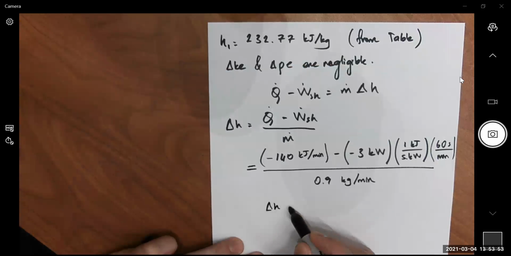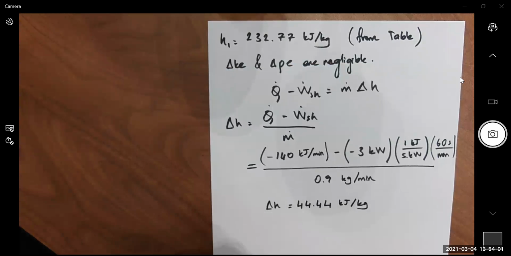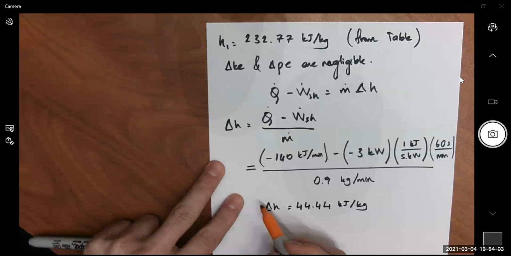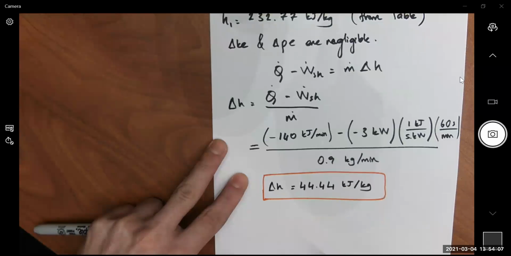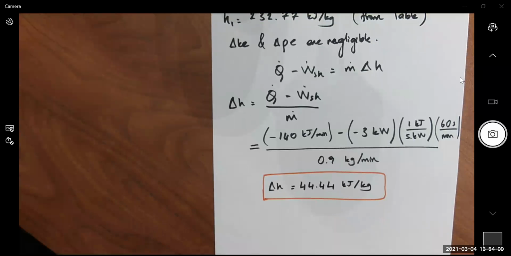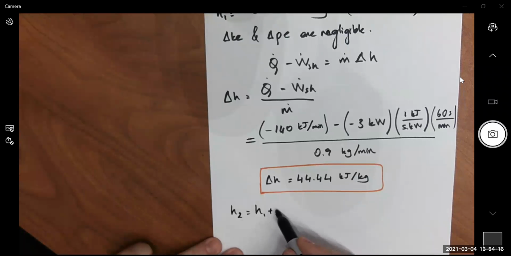Enthalpy difference will be 44.44 kilojoules per kilogram. H2 will be equal to H1 plus delta H, right?